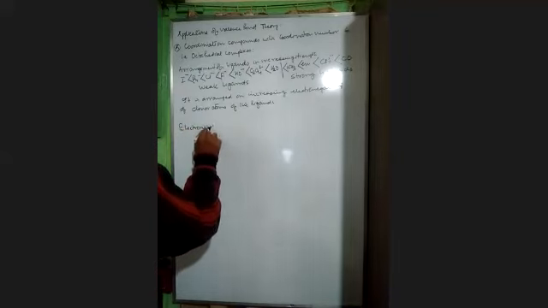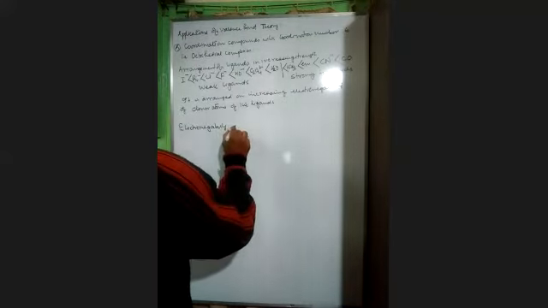Say, take the example. We know in our periodic table, electronegativity increases from left to right. What do you find here? Suppose I start from this.